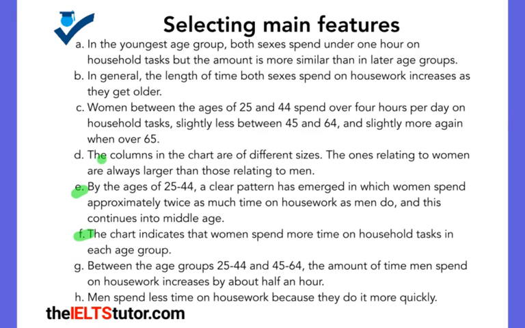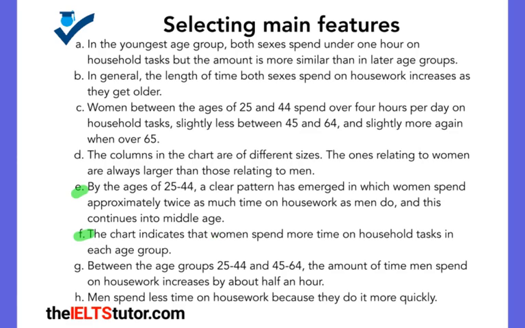It doesn't sound as fluent as sentence F. What do you mean by larger? When you're caught up with numbers, you should always relate your information to the graph. In this case, women spend more time on household tasks in each age group. So make sure that you relate to what it's referring to in the graph.